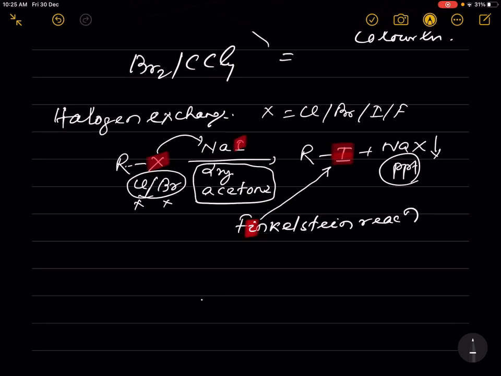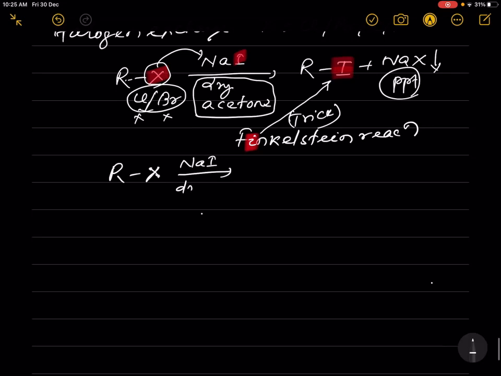This is a trick. So when alkyl halide is treated with sodium iodide in dry acetone, you will get alkyl iodide, and the sodium halide so produced is precipitated out in dry acetone.